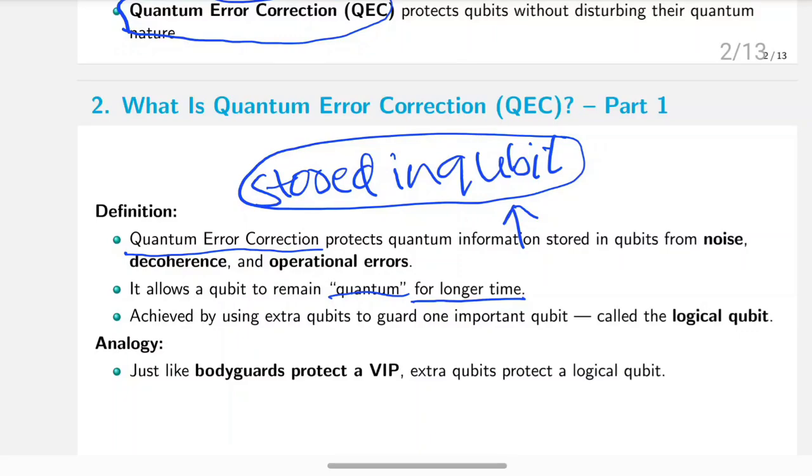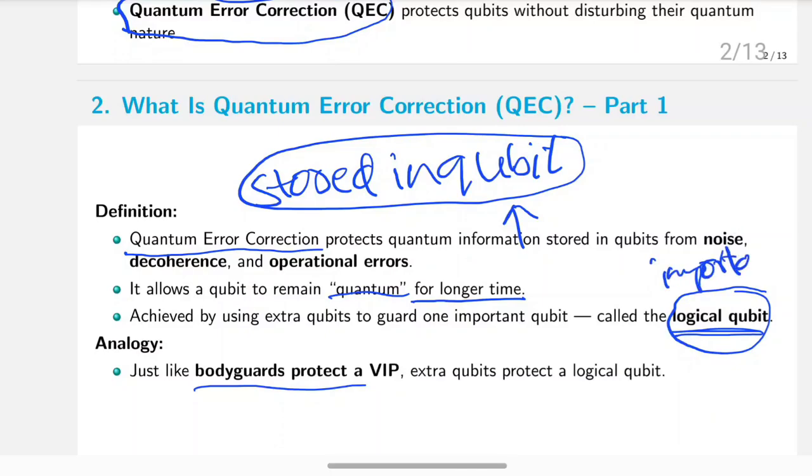I have given one example here. Think of a VIP. A VIP will have bodyguards, yes or no? Here the VIP is the logical qubit. In this scenario, the logical qubit stores the important information.